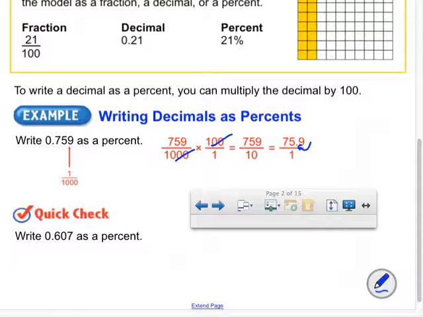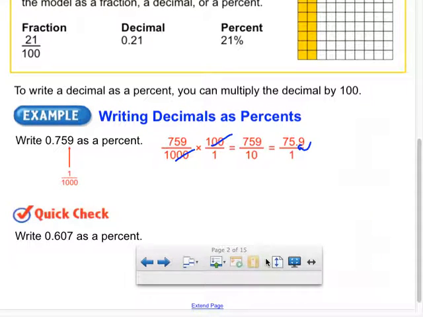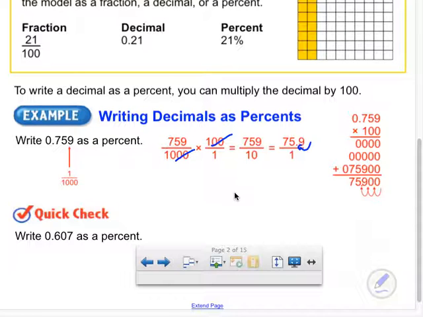Now here's the other method. It's a little bit longer. If I multiply by 100, here's what I get in the end: 75900. I have 3 decimal places here, right? 1, 2, 3.